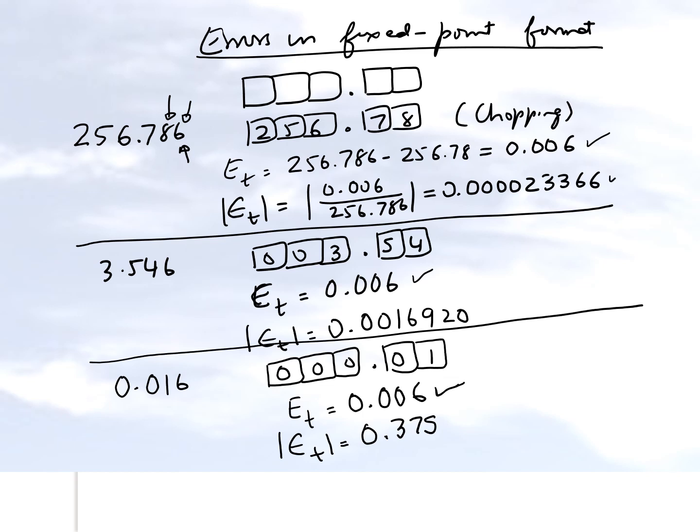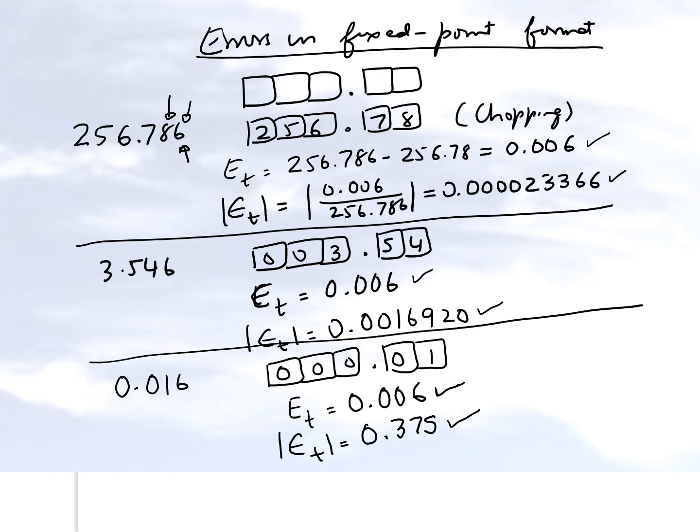But the relative true error here is small for a large number, becomes larger for a smaller number, and becomes very large for an even smaller number. So what you're finding out is that when you have fixed point format, you have control of how much true error there is going to be in the representation, but not a whole lot of control on the relative true error which you're going to face.